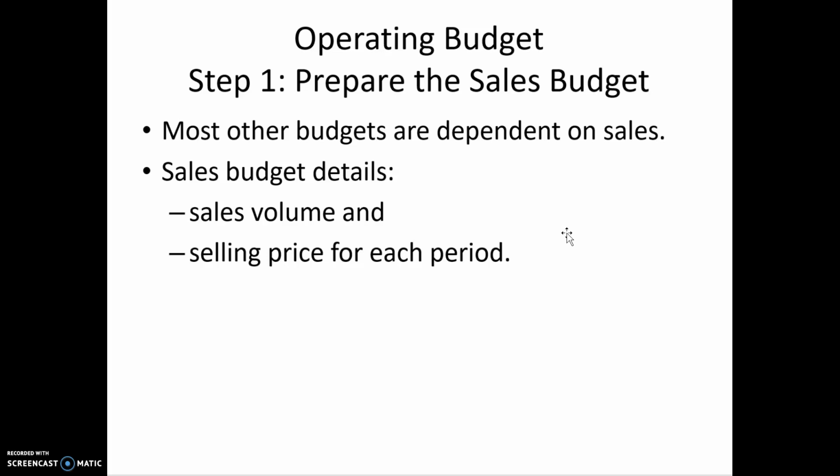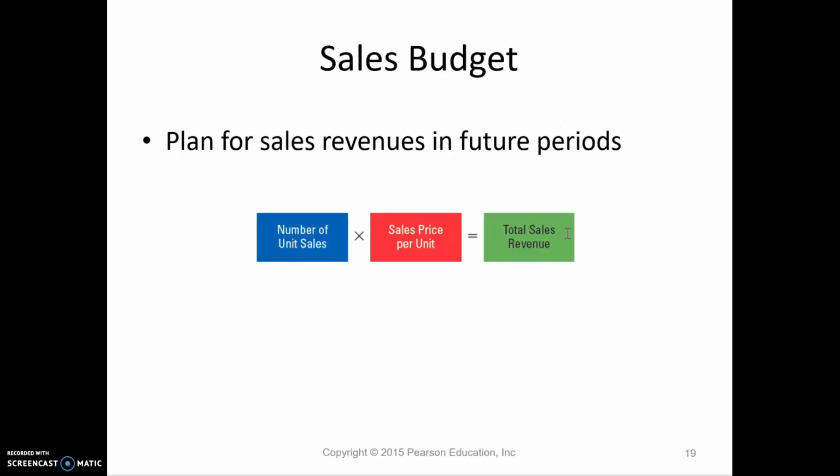But once we have our sales projections, we've projected what the volume is and what selling price we're going to be able to charge, the sales budget itself is super easy to prepare, right? We just take the number of units sold, multiply it by the sales price. That gives us our total sales revenue.